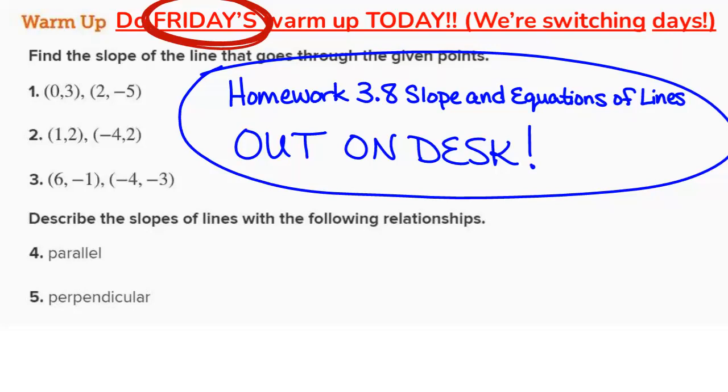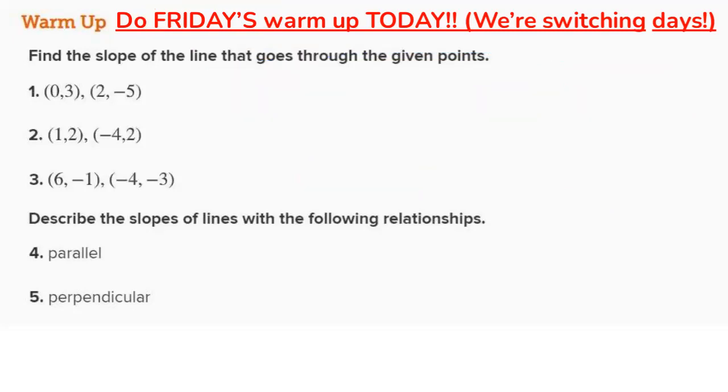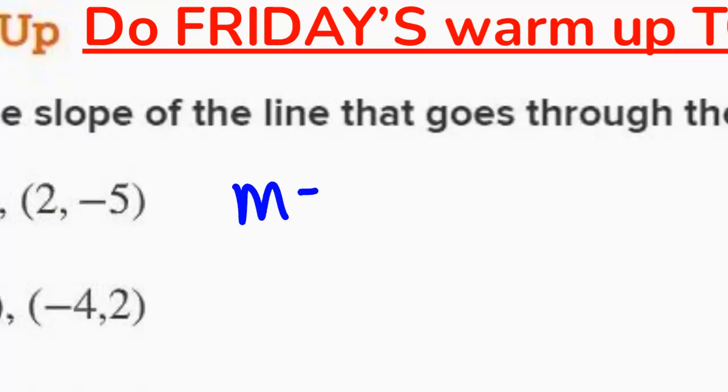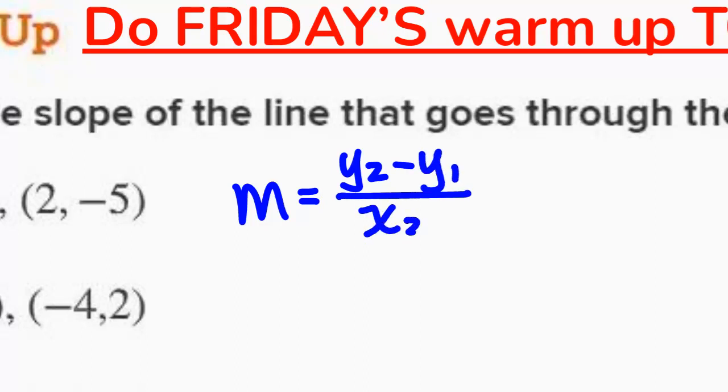So let's go over this warm-up and then we will get into our lesson for today. We were supposed to find the slope for the first three. That means using our slope formula, m equals y2 minus y1 over x2 minus x1.